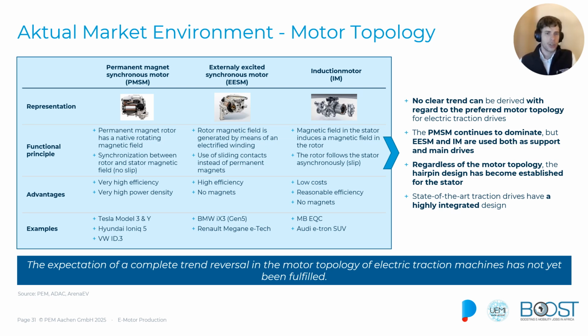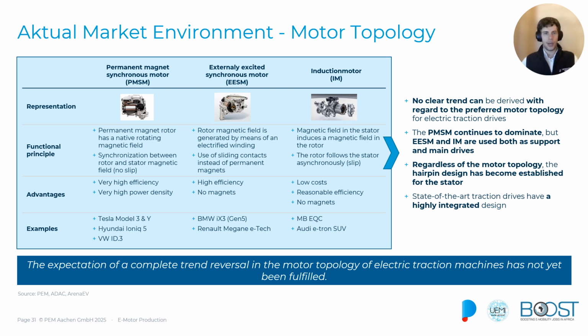To bring this together with our second chapter and take a closer look at the used electric motor topologies in the market, we see no clear trend that can be derived with regard to the preferred motor topology for electric drivetrains.